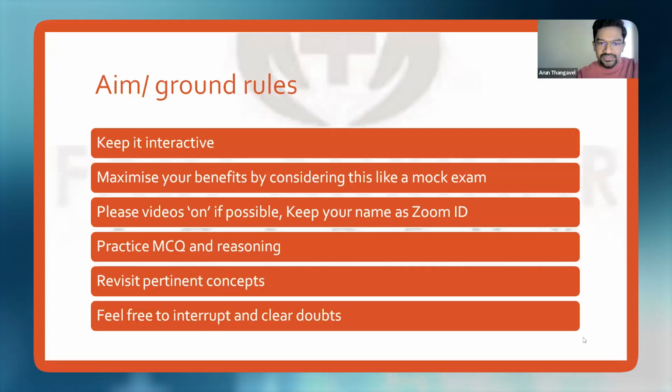So let's keep it interactive. The teaching is going to depend on your involvement and answering the questions. Maximize your benefit by treating this like an actual mock exam and be involved. If possible, keep the videos on so we can interact better, and we will practice some MCQs along with the theory behind that.